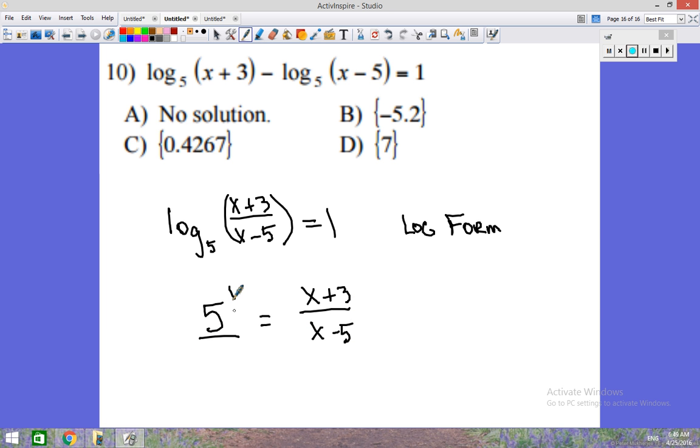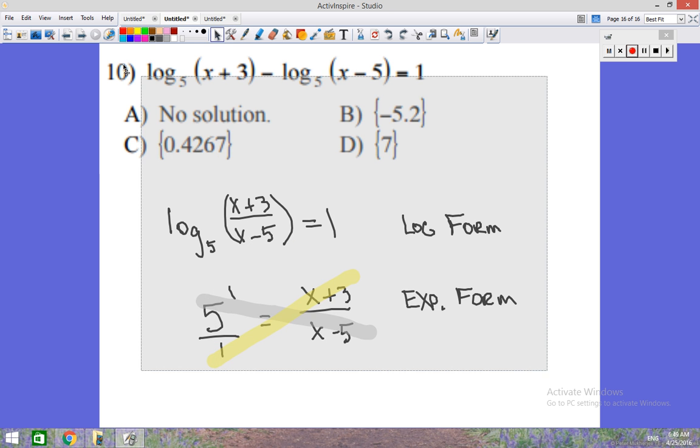I'm going to write 5 to the first power as 5 over 1, and this exponential form, the equation itself, is referred to as a proportion, and one technique to solve proportions is to cross multiply. So I'll multiply along this gray diagonal, I'll multiply along this yellow diagonal, and let's see what we get.